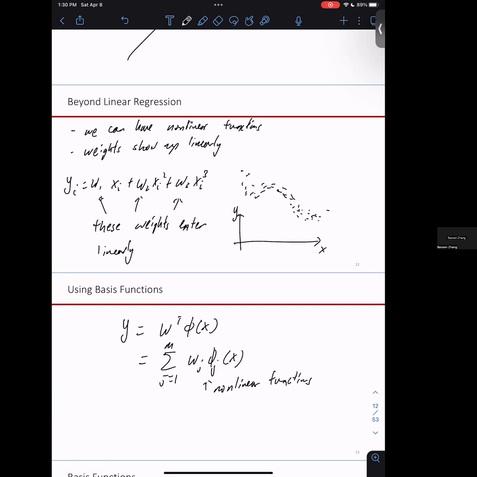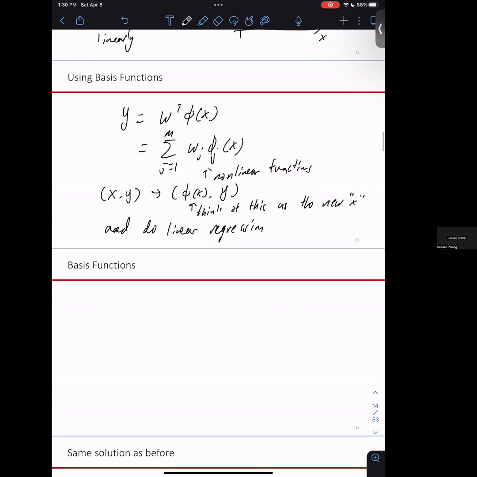One way to think about it is you have some data x and y. You can do some pre-processing on x. You have phi of x and y. And think of this as the new x, as the new input, and do linear regression. So you can do it this way.